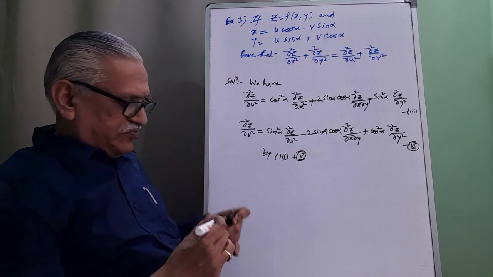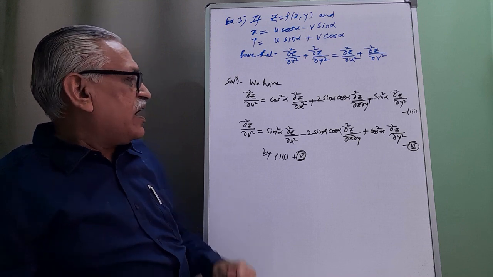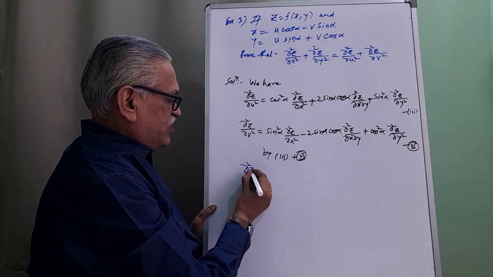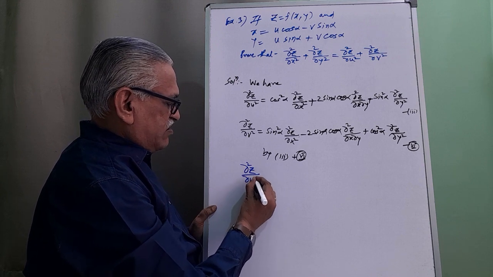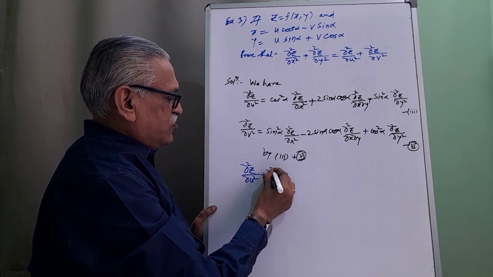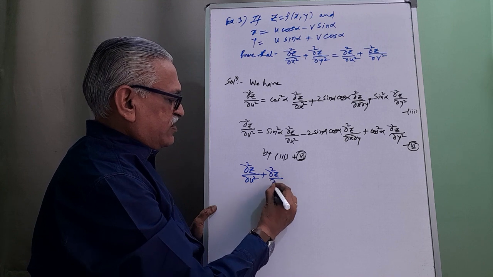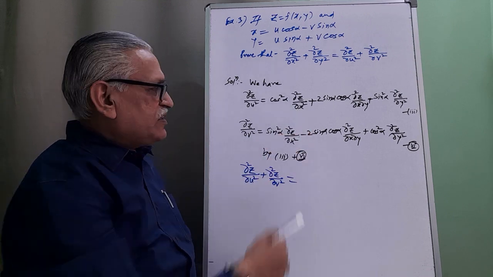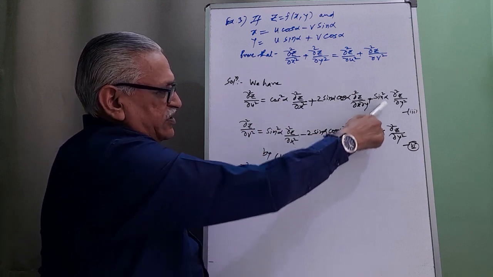we get, addition of left hand side term is ∂²z/∂u² plus ∂²z/∂v², equal to addition of right hand side terms, first with first, second with second, and third with third.